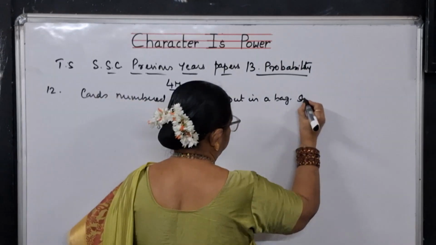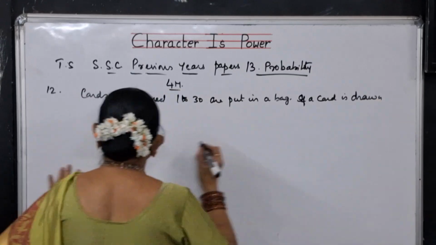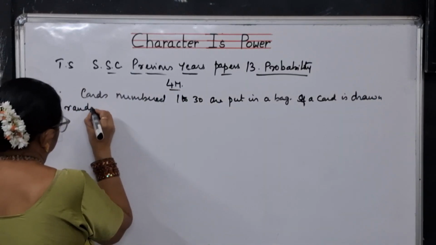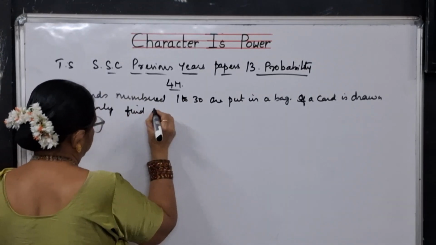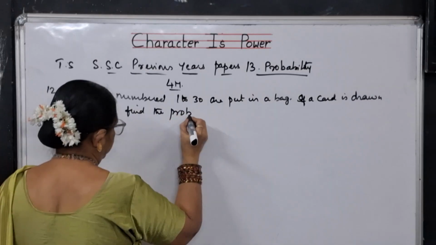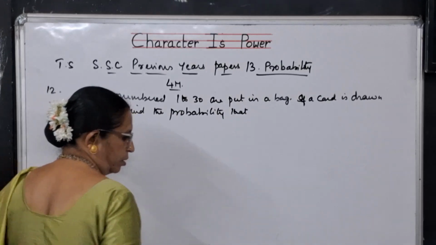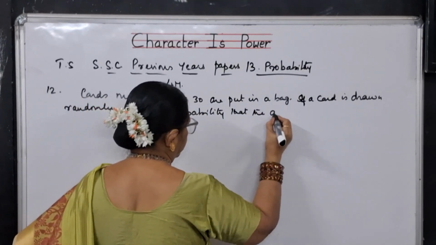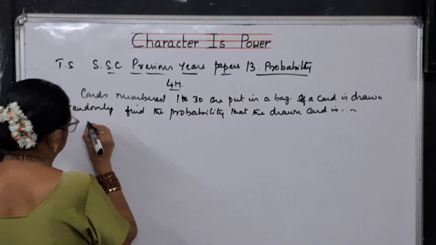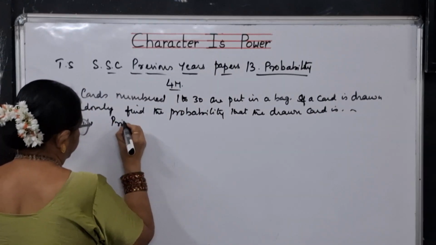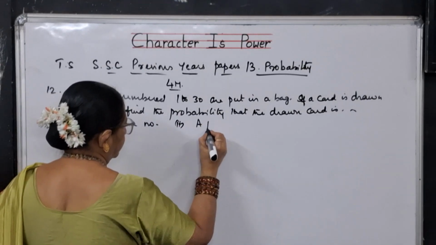If a card is drawn randomly, find the probability that the drawn card is, first bit, a prime number and second bit, a perfect square.